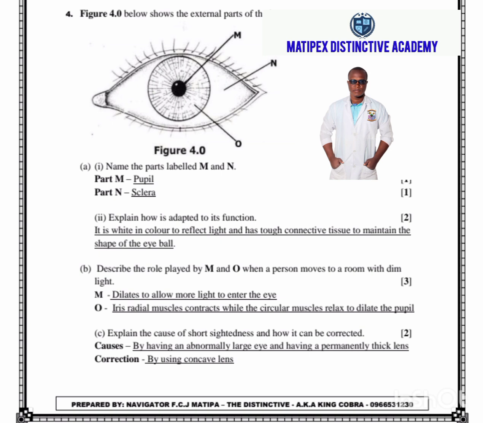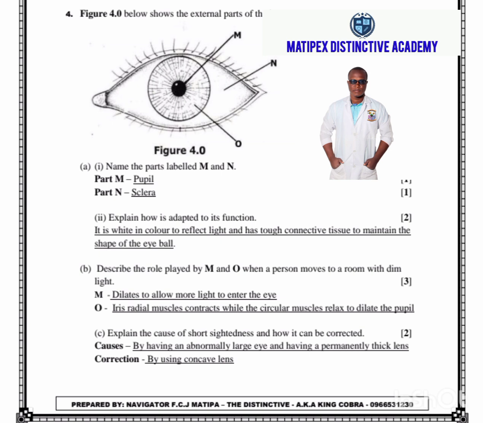So iris radial muscles contract while the circular muscles relax to dilate the pupil. Those are the roles played by these two parts.